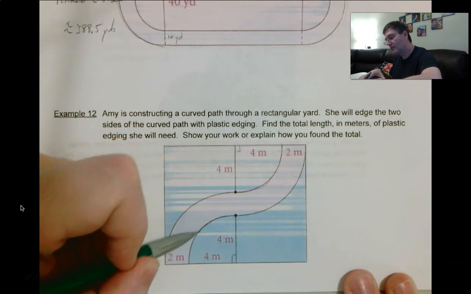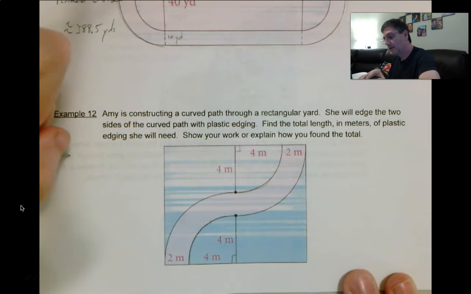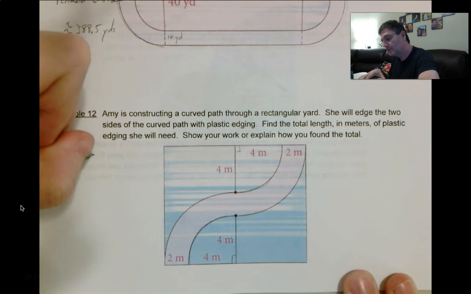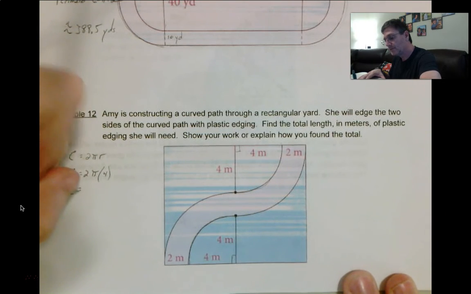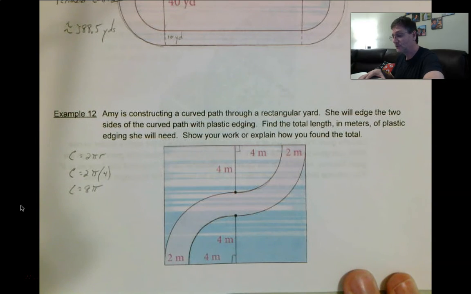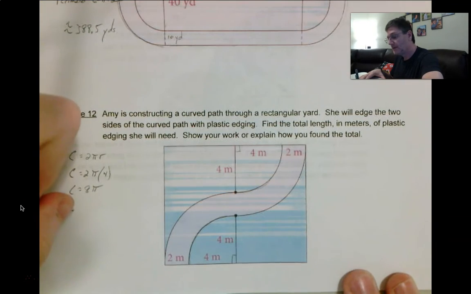This is another quarter of that same circle with a radius of 4 meters. So circumference of a circle, 2 pi r. Circumference equals 2 pi times 4. Circumference equals 8 pi. But we only want half of this circle. We don't want the full circle.